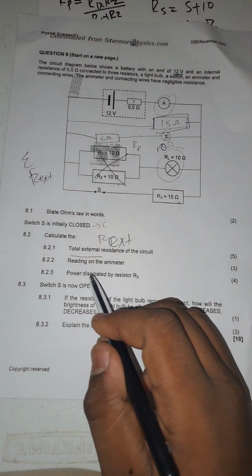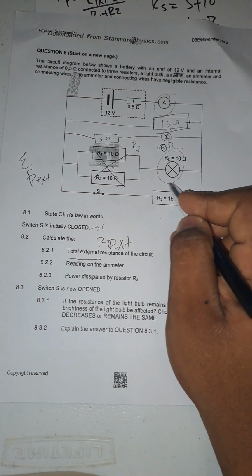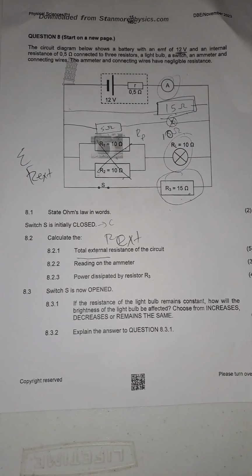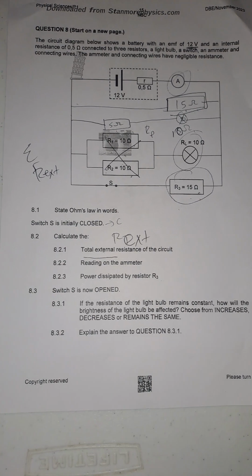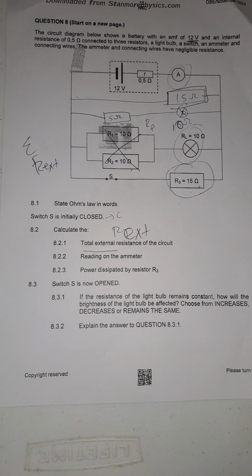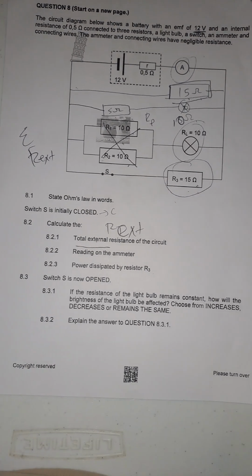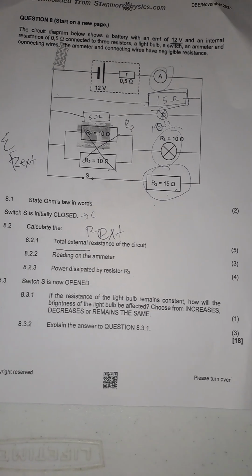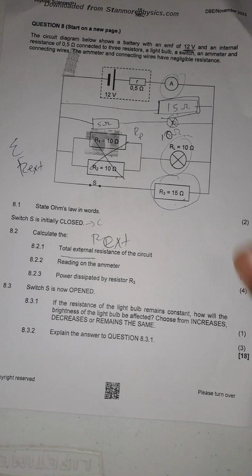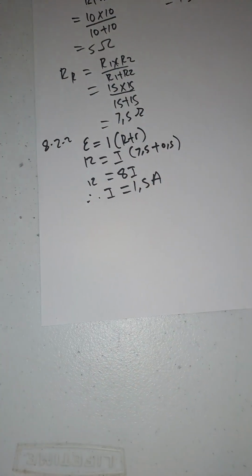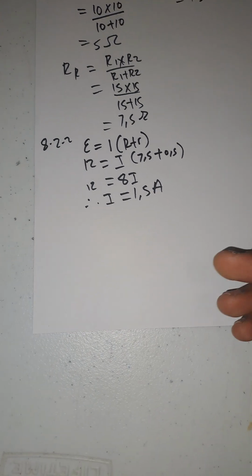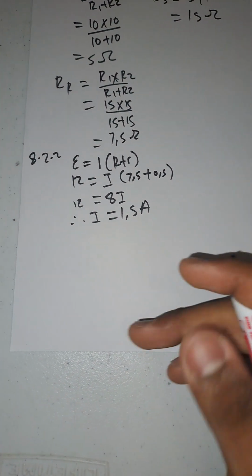Now they're saying the power dissipated by R3, specifically R3. Can you see it? But we have to start by checking something there. There are many ways to calculate power, but remember, we simply find the easier way.